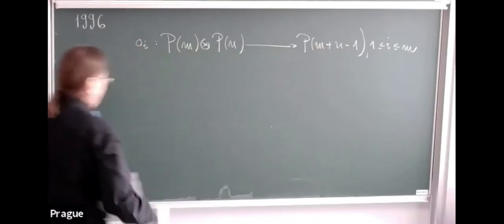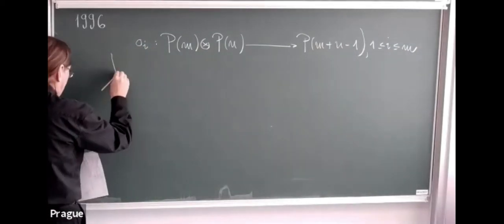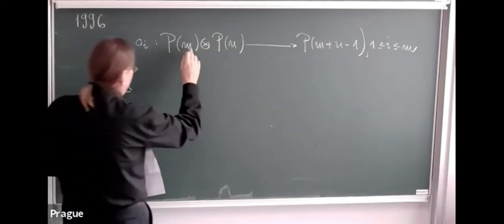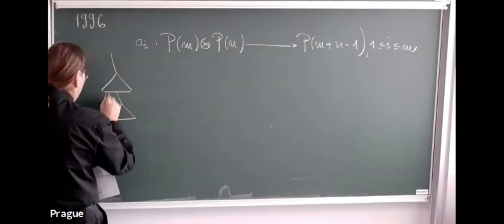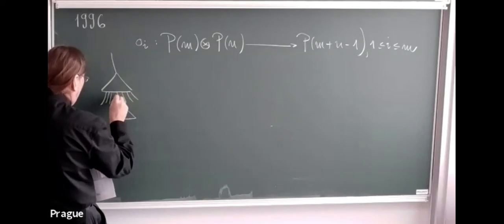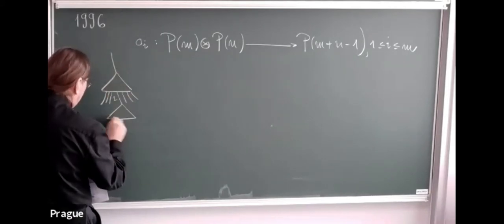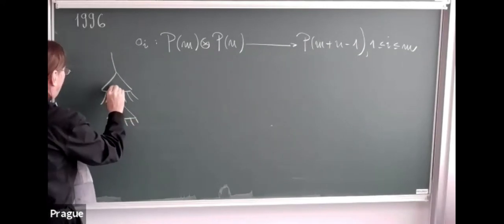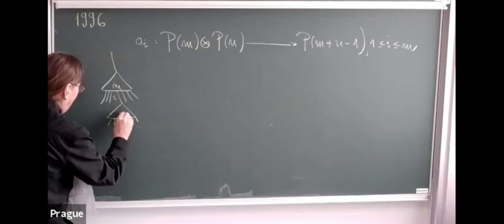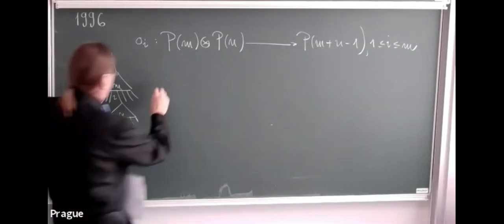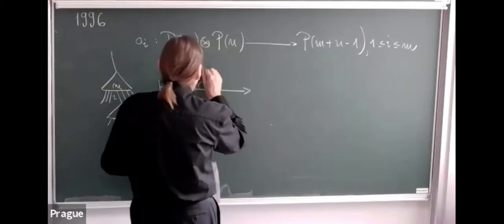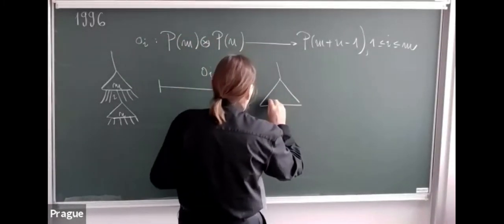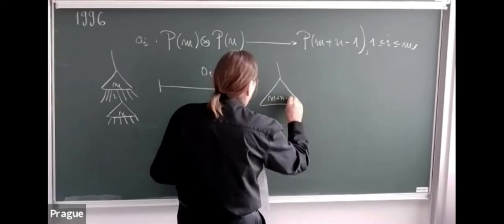And again, I think of this operation as something that takes the first element and into the i-th input I insert the second element. So it has m inputs, the other has n inputs, and the result is something that has m plus n minus 1 inputs.